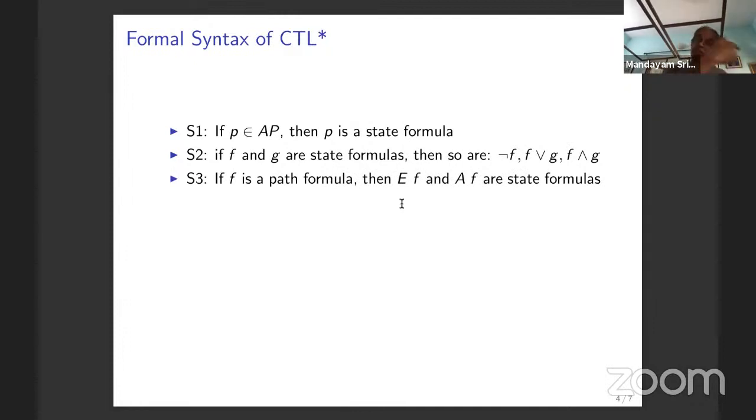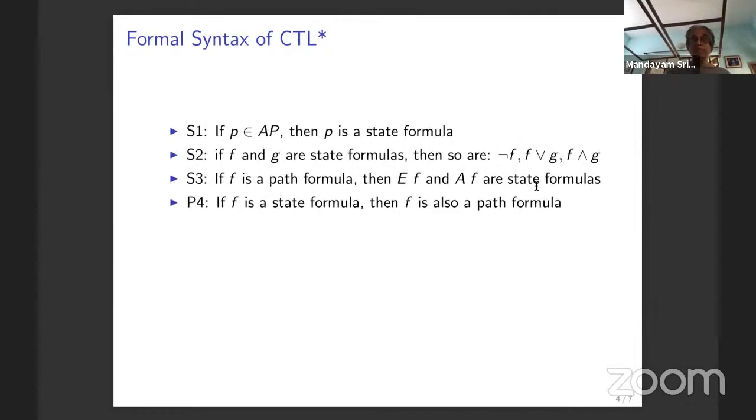As we have seen in the previous slide, if F is a path formula, then you can construct a state formula by applying the path quantifier, existential path quantifier E or universal path quantifier A, to get a state formula. And then there are rules to construct path formulas. If F is a state formula, then F is also a path formula.